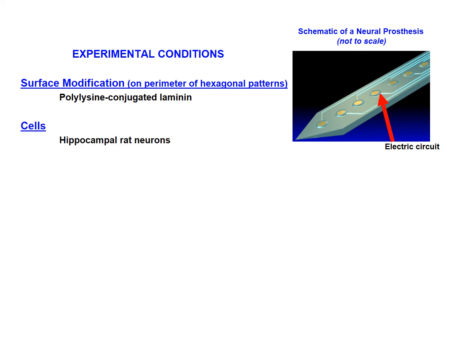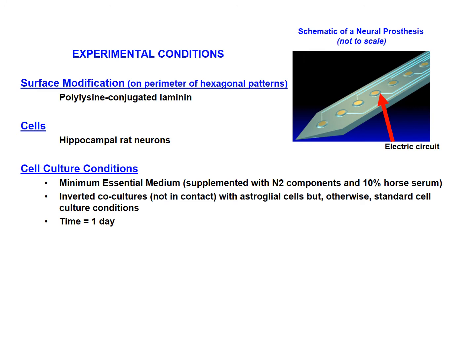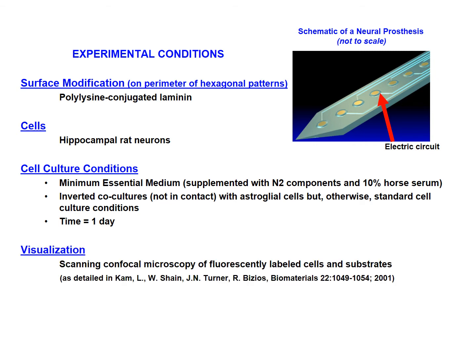The cells used for these experiments were hippocampal rat neurons. The cell culture conditions were use of an appropriate medium, and the duration of the experiment was 1 day.